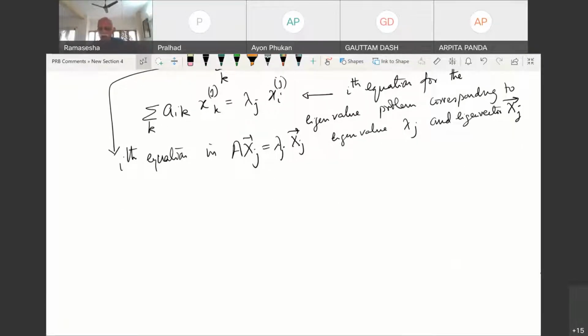So let me go further. So what is this equal to?